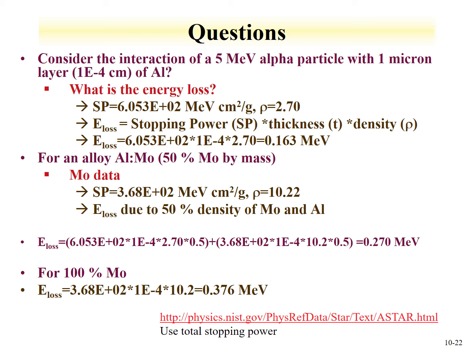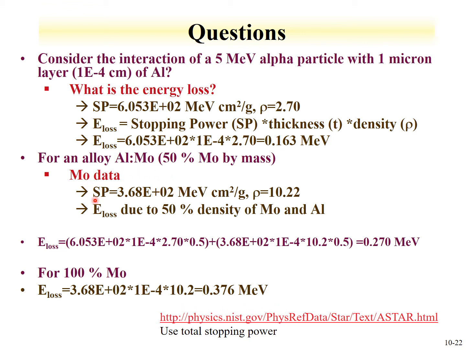Now, using the same database, we can actually investigate some more complicated systems. Here's an example: as opposed to just using aluminum, what if we had an alloy of aluminum and molybdenum, where it's 50% by mass molybdenum? We could again go to the ASTAR web page and get the relevant molybdenum data.